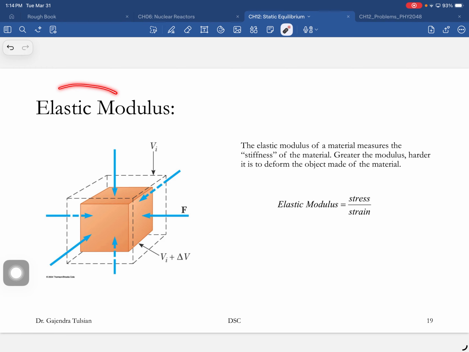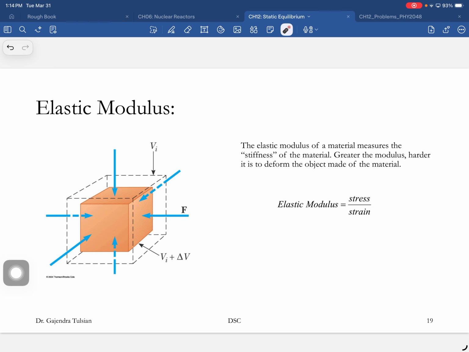We want to study 3 different kinds of elastic moduli, and we'll come to that. The elastic modulus of a material measures the stiffness of the material. The greater the modulus, the harder it is to deform an object made of that material. So the greater this number, for a given stress, the strain is smaller. This deformation is smaller.